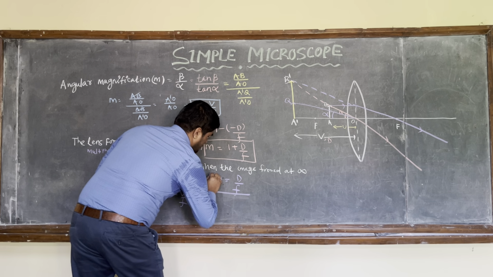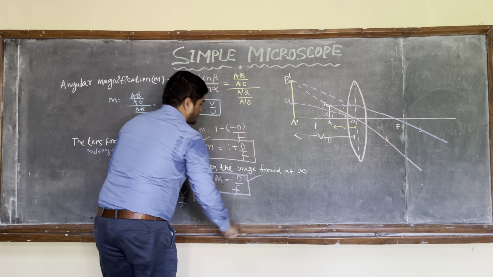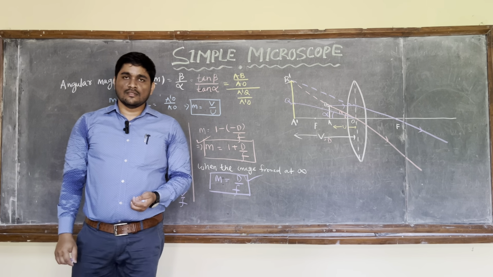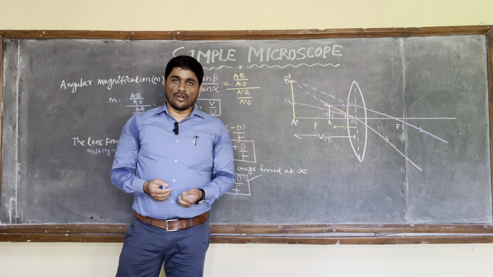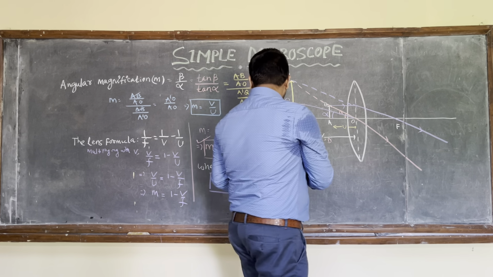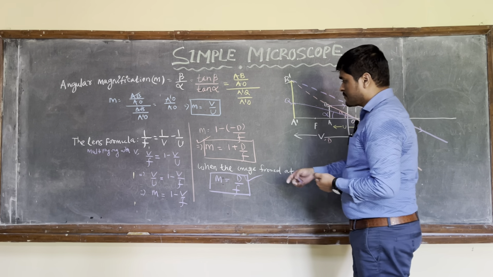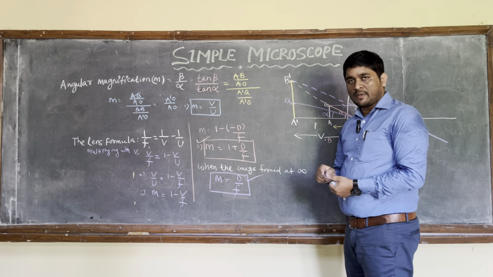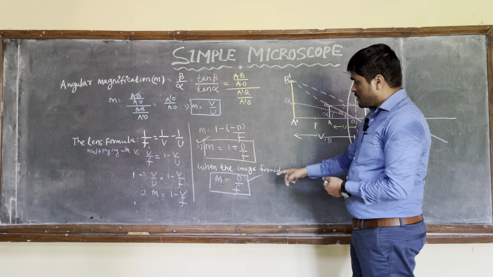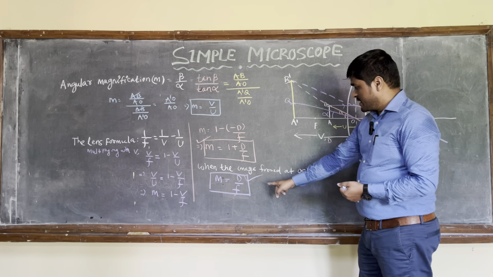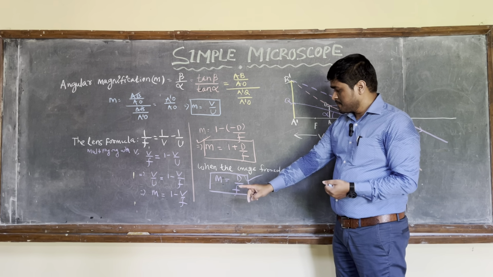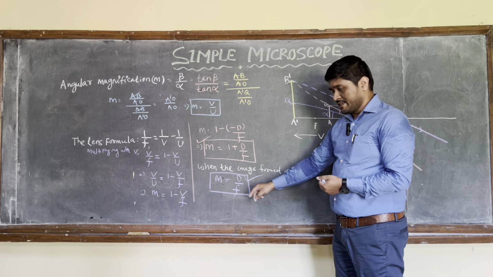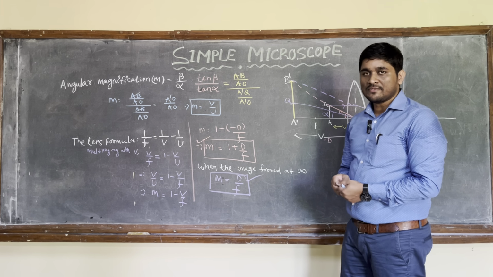You have to remember this formula. Clear? That means when the image is formed at the distance of distinct vision, the formula of magnification will be 1 plus d divided by f, and when the image is formed at infinite distance, the magnification produced will be d divided by f. You have to remember.